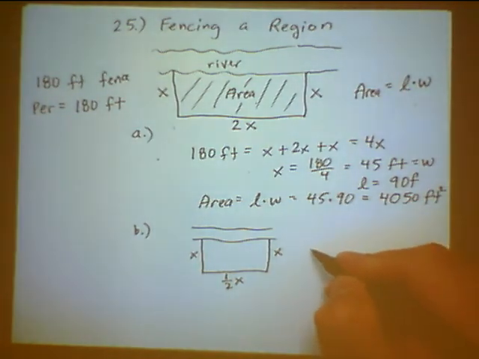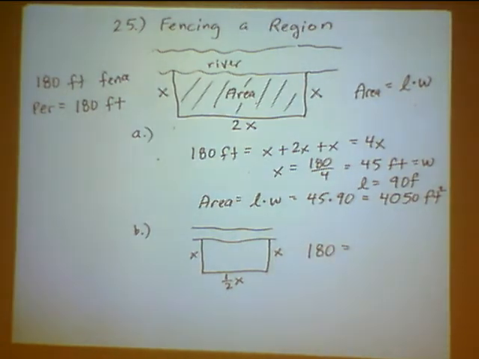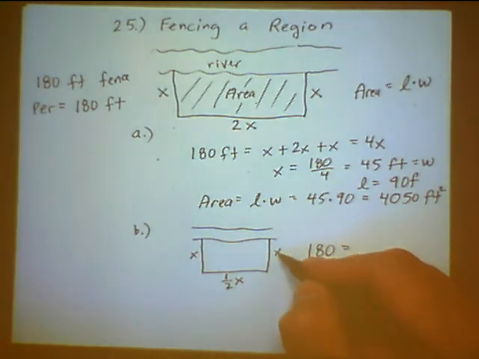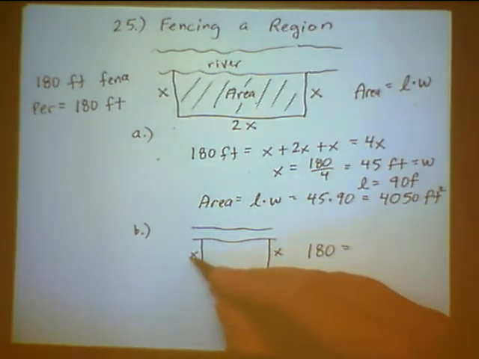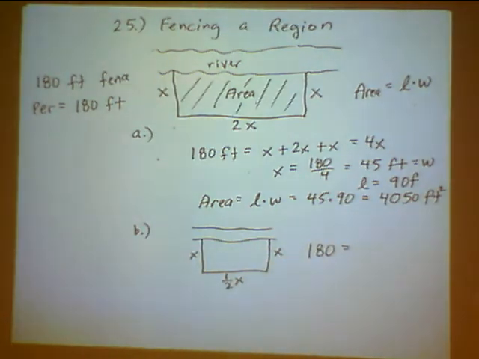So now if I add up the perimeter, I still have 180 feet of fence, and I have x plus 1/2 x plus x. So 2x plus 1/2 x, if I can do a little bit of math in my head, I believe that's 5/2 x.